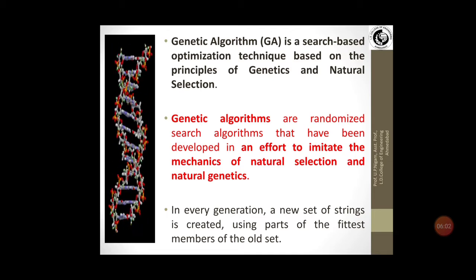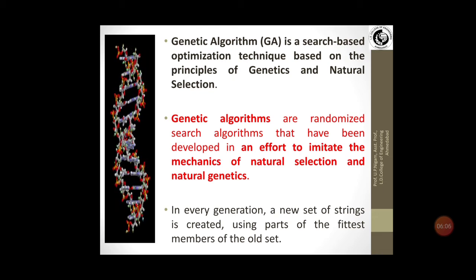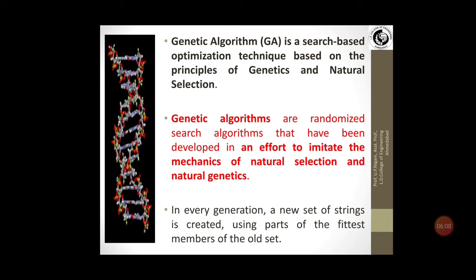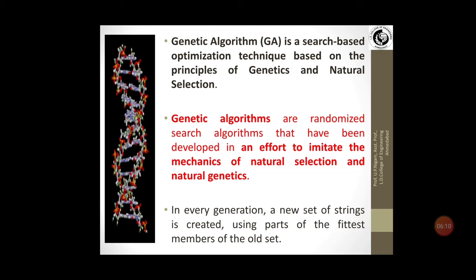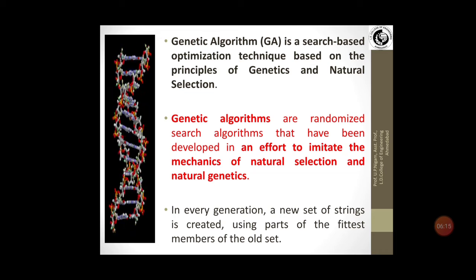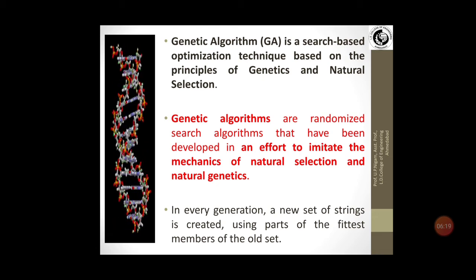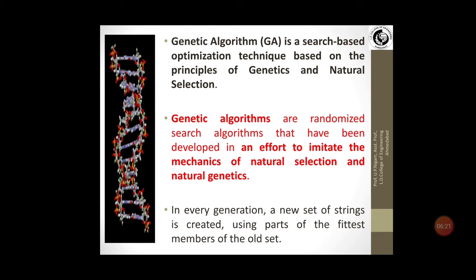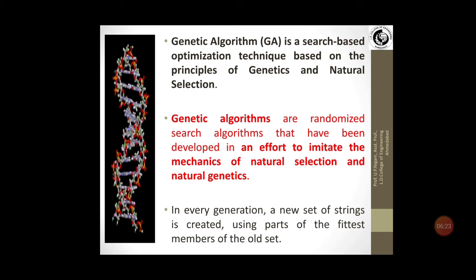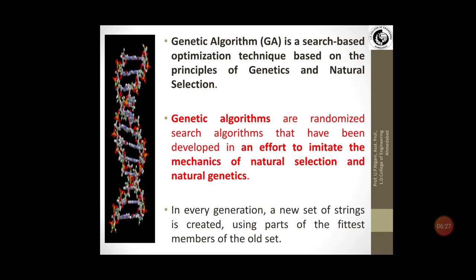That's why it is written that a new set of strings is created, and it must be stronger than the older one, in such a way that generation by generation, the results, the possible solutions, the offspring that are evolving, are good or optimum.